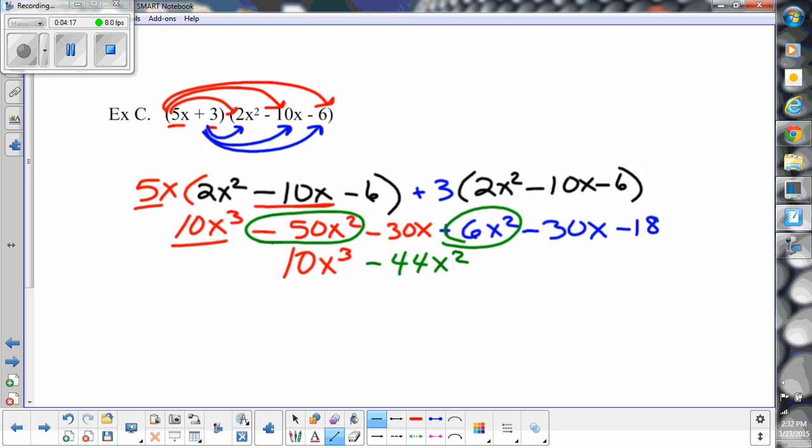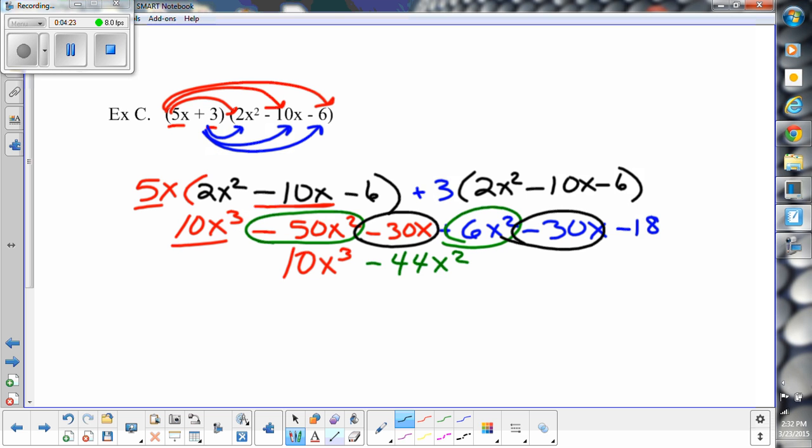So we have 2 x to the first terms, and we're going to add those together. Negative 30x minus 30x is negative 60x. And at the very back, we have a lonely negative 18. We'll add on. So our final answer is 10x cubed minus 44x squared minus 60x minus 18.